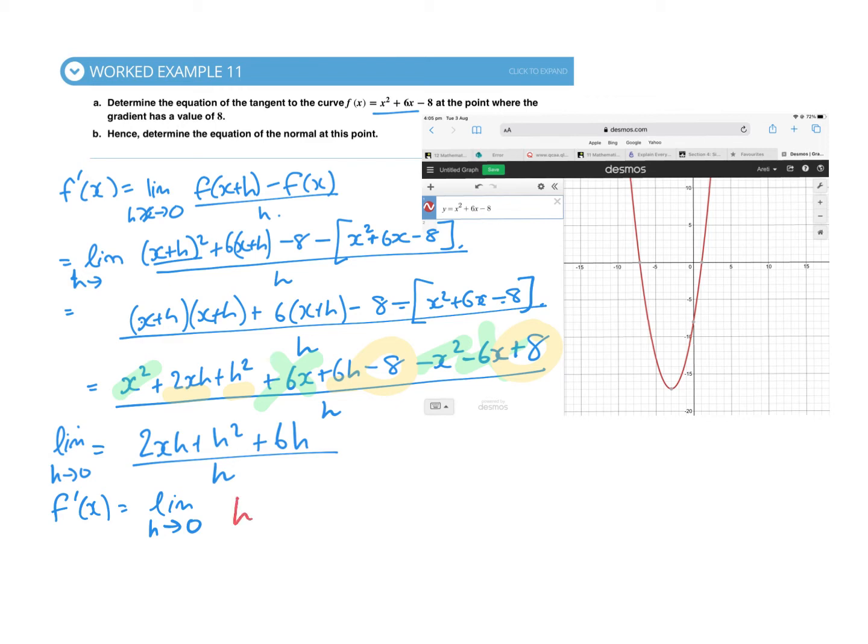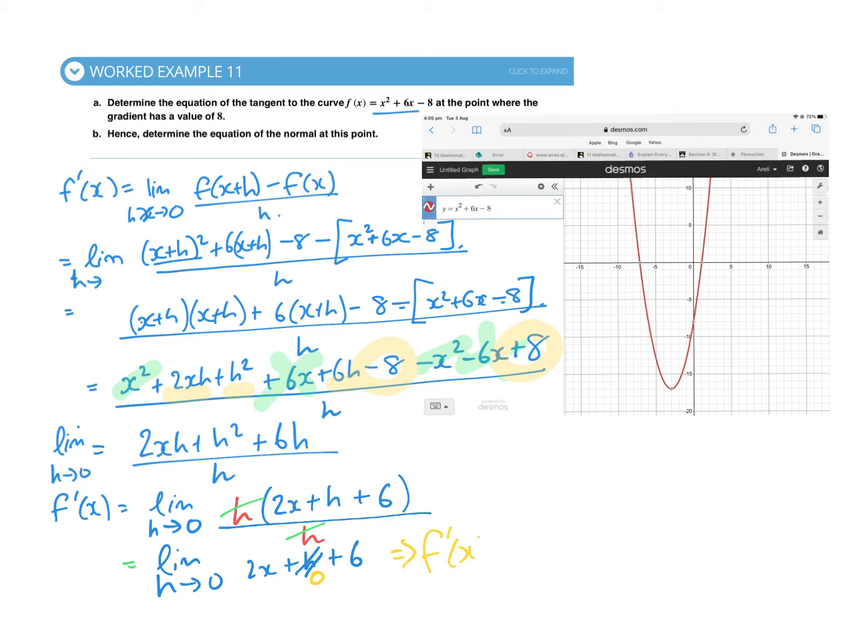Let me just take it out and put the other factors in. So 2x plus h goes back in, plus 6 goes back in, all divided by h, and I can cancel, and that is equal to the limit, still as h approaches 0, of 2x plus h plus 6, and we're going to replace h with 0. Therefore, f dash of x is equal to 2x plus 6.